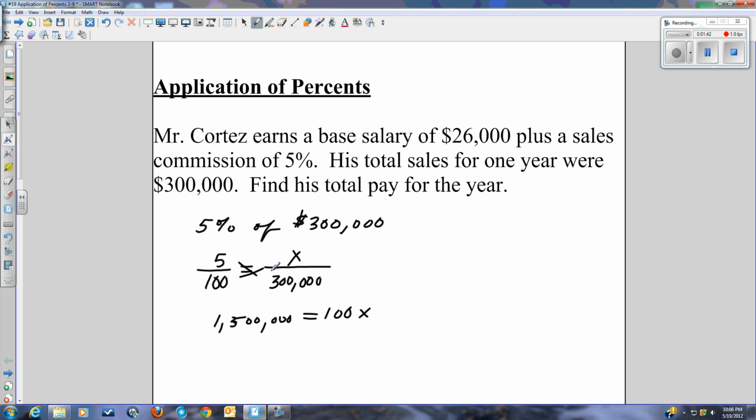So we want to say 1.5 million, or 1,500,000, divided by 100, because we want to divide each side by 100, and we get that x is $15,000. So that's how much he makes in commission.